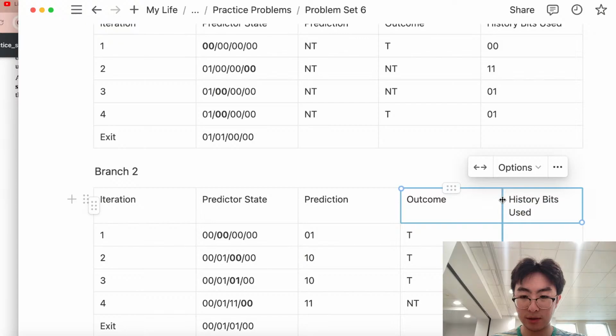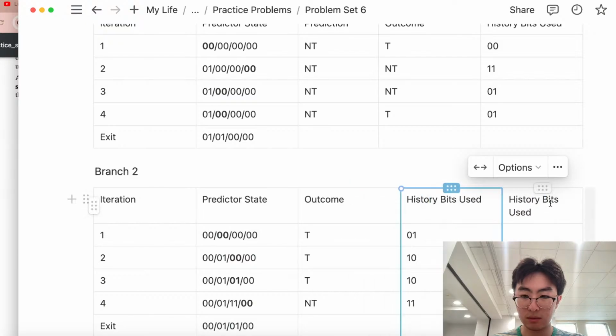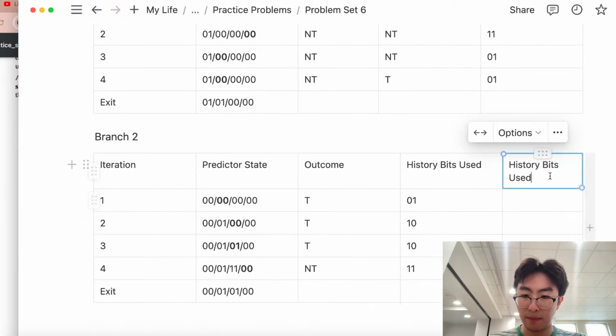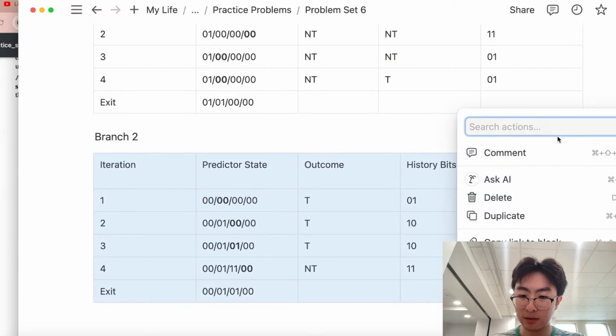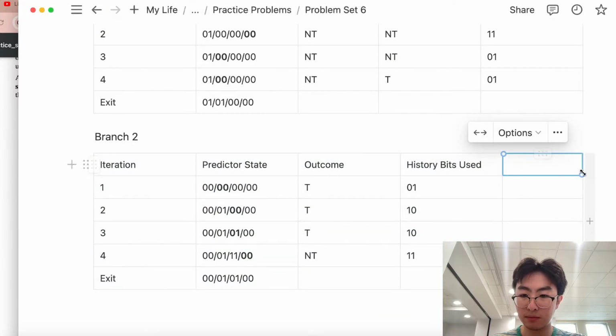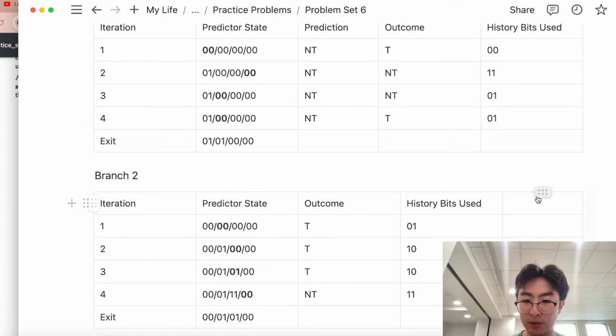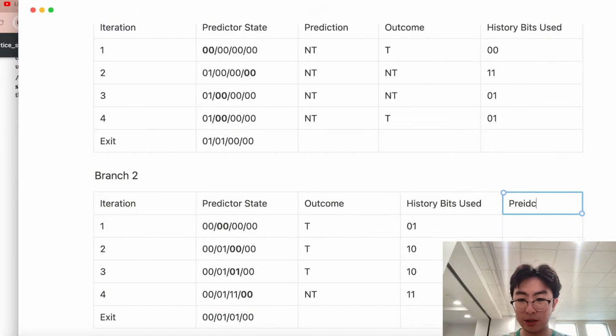Oh, let's see. How do I delete this column? Alright, I don't know. I can just actually do prediction.